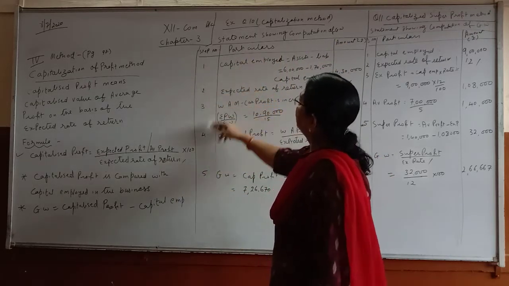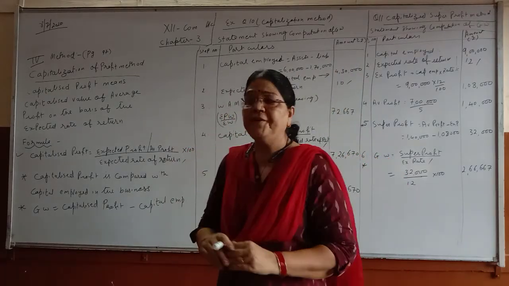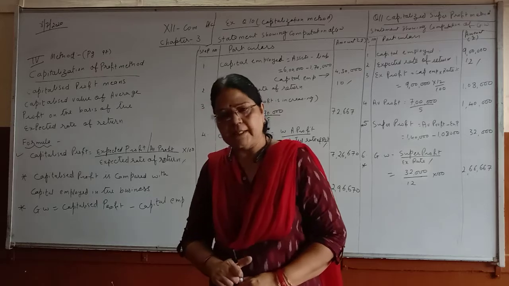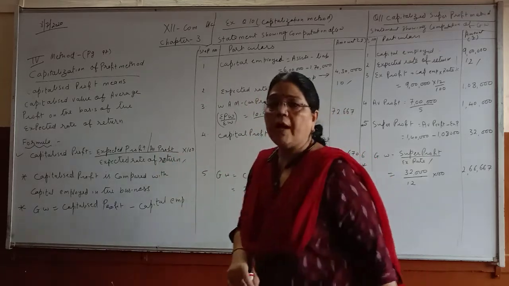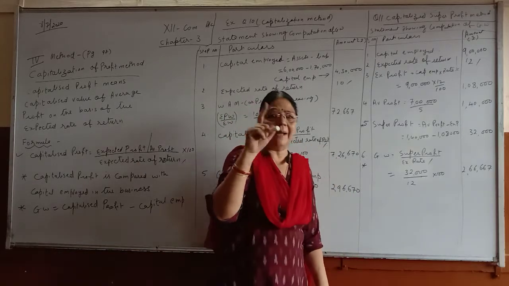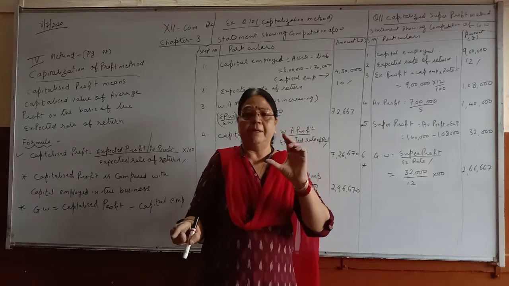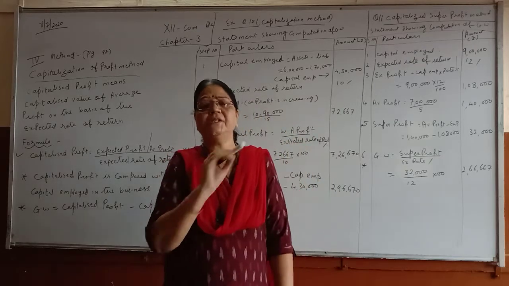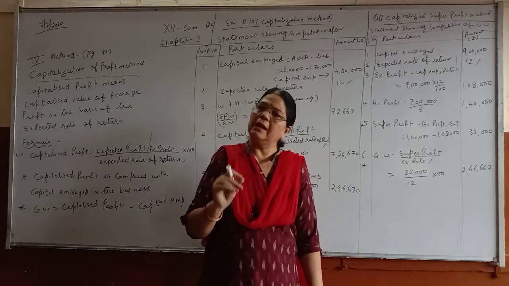So our first step is capital employed. How much capital you have invested in the business is known as capital employed. I have shown you by drawing the balance sheet: all the assets minus liabilities, and whatever difference you get is the net assets or capital employed.